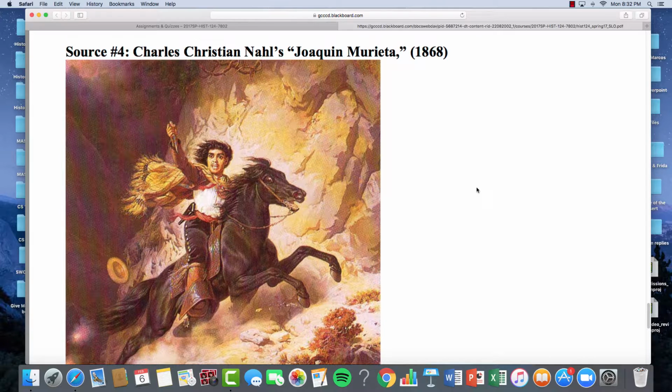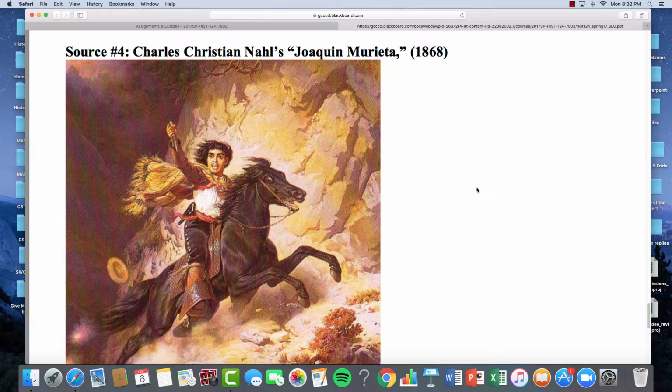Joaquin, you might say, represents the Mexicans fighting back against the intrusion of Anglo-Americans, of people coming into their lands, their gold rush mines, their possessions, and essentially overturning the social order that Mexicans enjoyed up until the gold rush period.